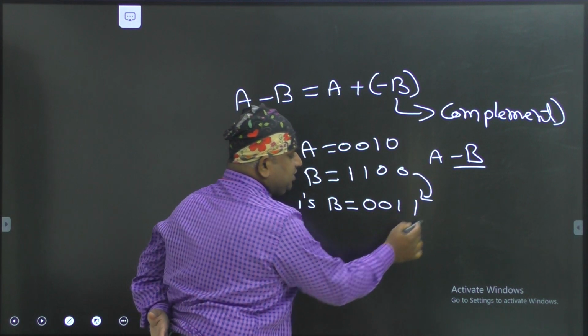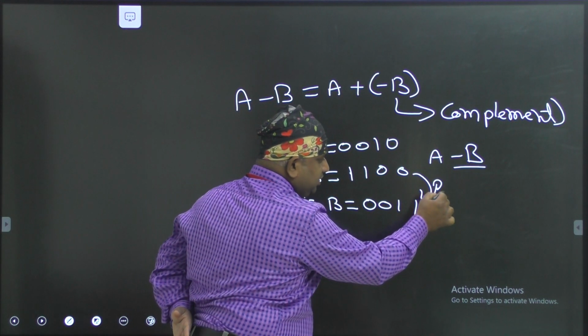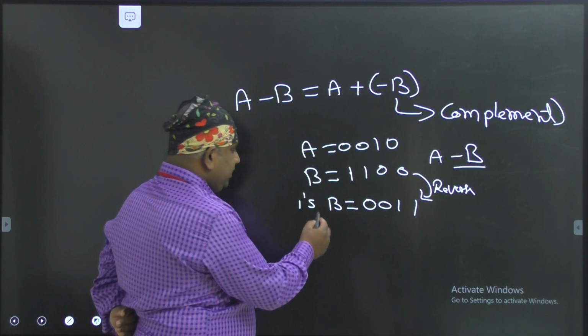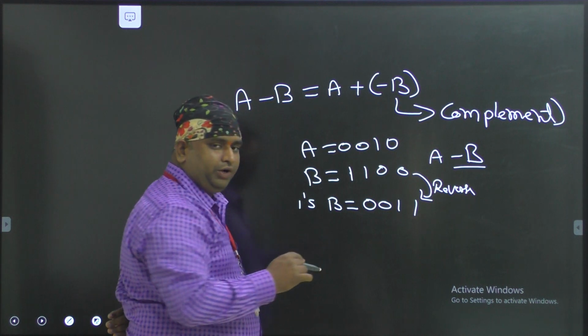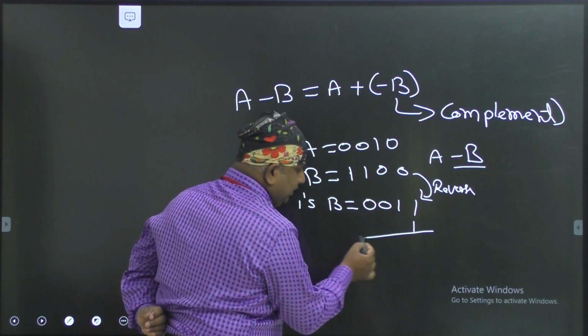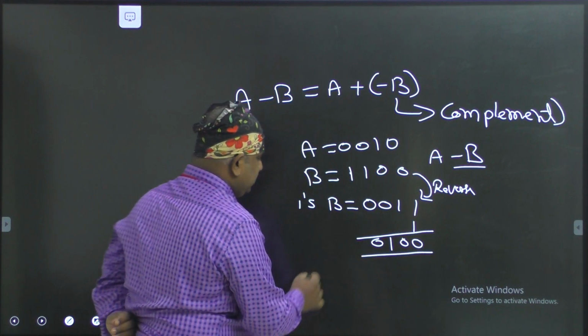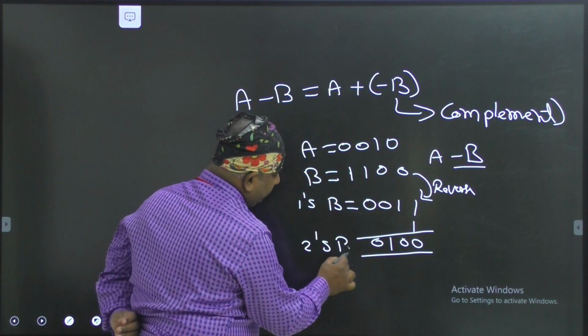You are just reversing the values. Next, to convert it to twos complement, you add 1 here, so we get 0, 1, 0, 0. This is the twos complement of B.